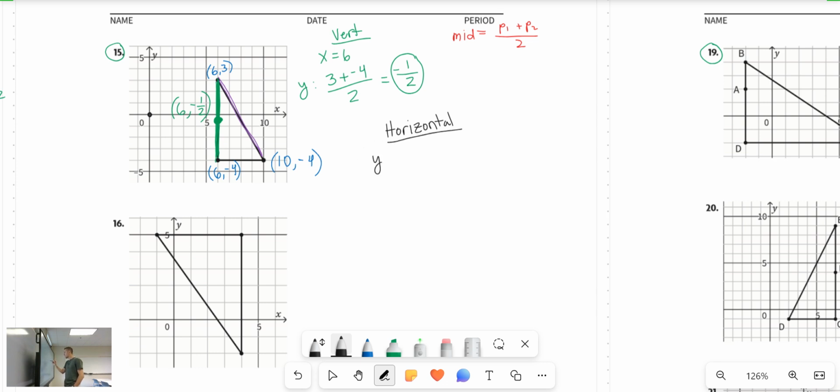Our y is equal to negative 4, and the x is going to be 6 plus 10 divided by 2. It's got to be our first point plus our second point divided by 2. So the first x is 6, the second x is 10. 6 plus 10 is 16, divided by 2 equals 8. So it looks like it should be negative 4 comma 8.